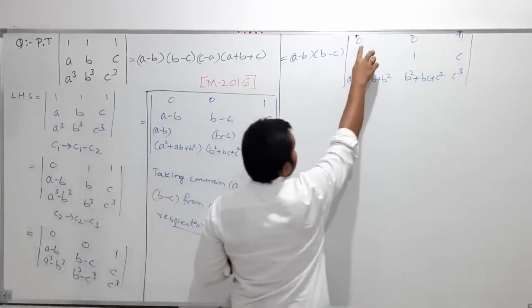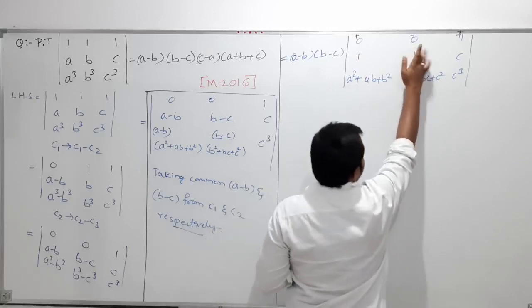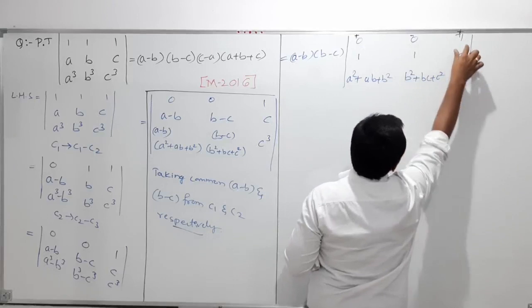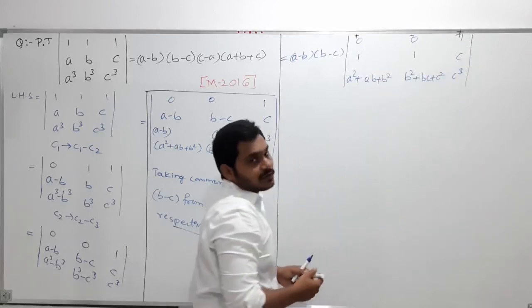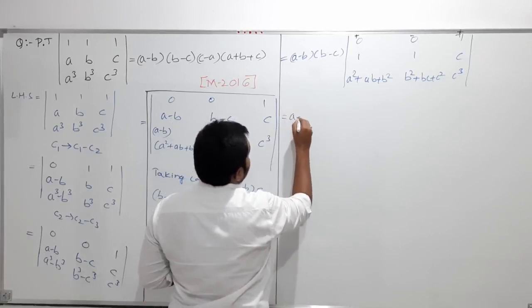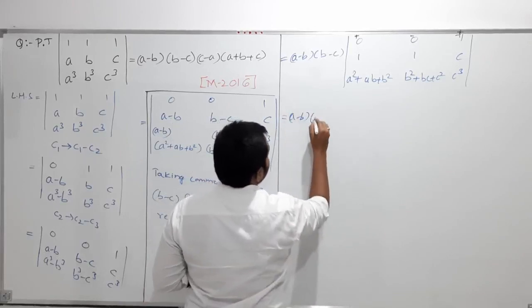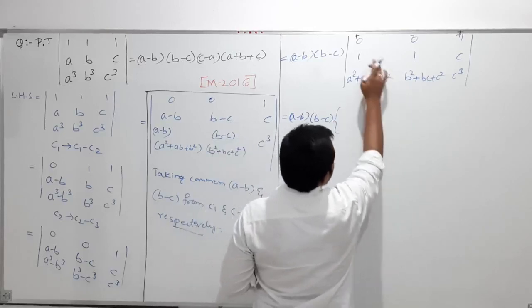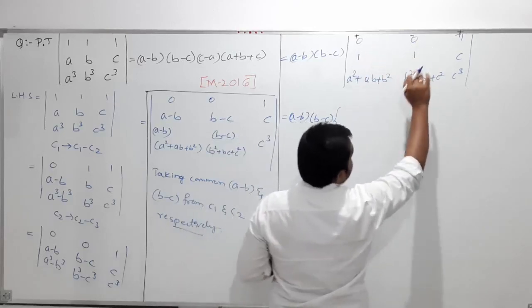Now 0 into anything is 0, so leave this one. 0 into anything is 0, leave this one. So plus 1 into, I leave this row and this column, and I find the determinant of this. So therefore this can be written as a minus b into b minus c as it is. Now I will solve this determinant value. 0 into anything is 0, leave this one. 0 into anything is 0, leave.